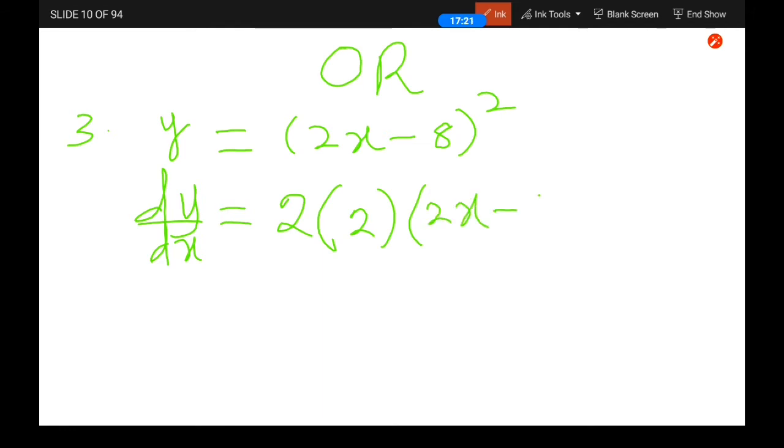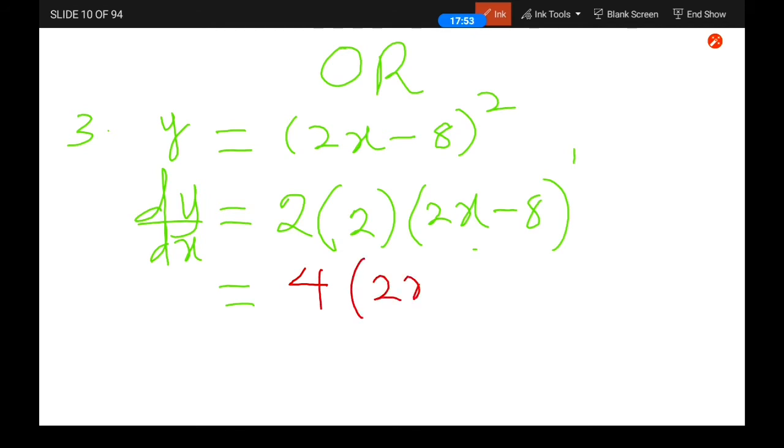Then subtract 1. 2 minus 1, that will give us 1. Again, the 2 will come down. Differentiate the inside, you get 2. Then write everything back. 2 minus 1, we get 1. So we have 4 into 2x minus 8, since 2 times 2 is 4.